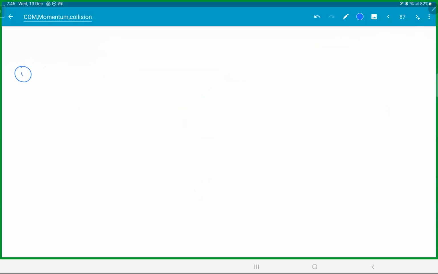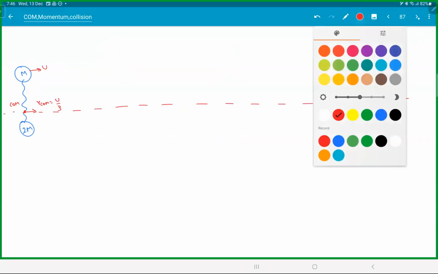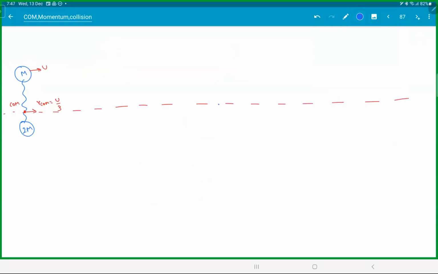If you look at the diagram, m and 2m, where is the center of mass? It will be closer to this guy, somewhere here. And what is the velocity of the center of mass? u by 3, mu by total mass. So this center of mass will continue to go in a straight line, independent of what anyone does. When the string becomes straight, this is how the diagram looks.